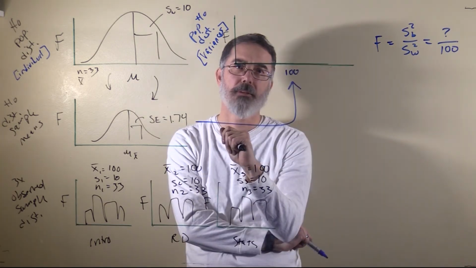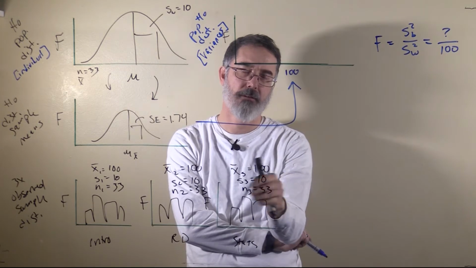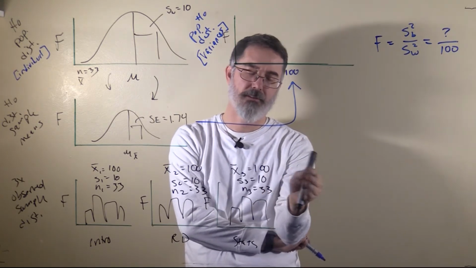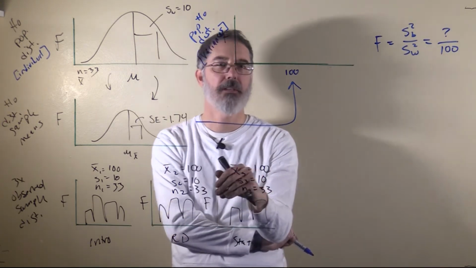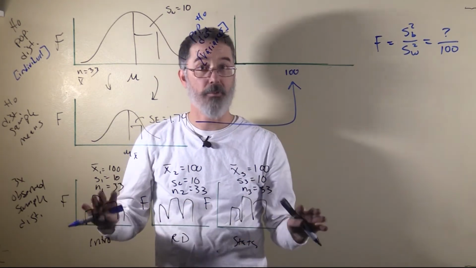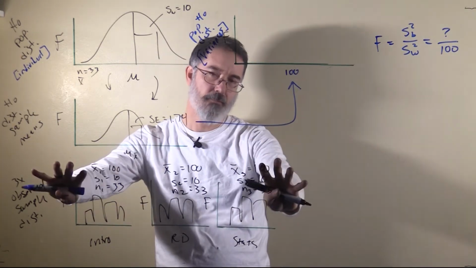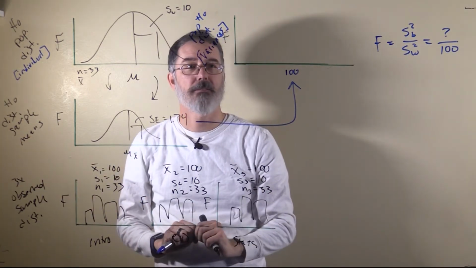So the sampling distributions that we use for our inferential tests are our Z distribution and Z table, our T distribution and T table. Those are designed to accommodate sampling error, right? And what we're trying to figure out is the probability of getting the observed sample or samples if the null hypothesis is true.